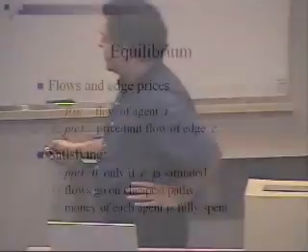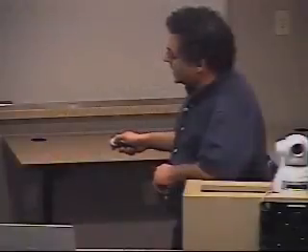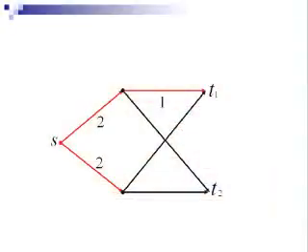Okay, what does that mean? That means again the same conditions. We want to find flows and prices of edges, so that edges have positive price only if they are saturated. Flows always go on cheapest paths, and the money of each agent is fully spent. Right? So let me give you an example to show this.